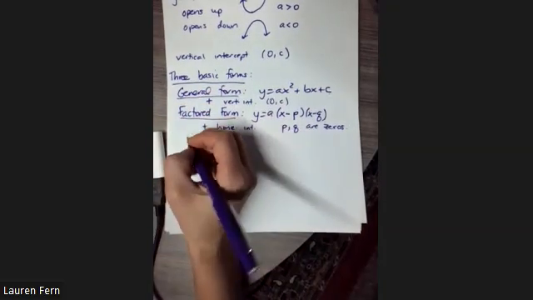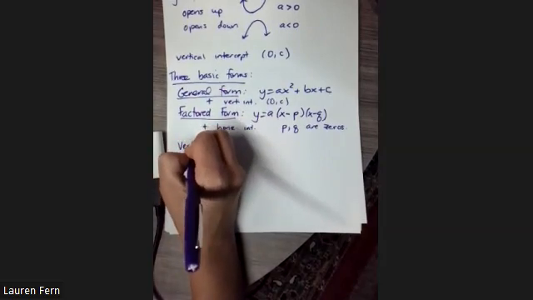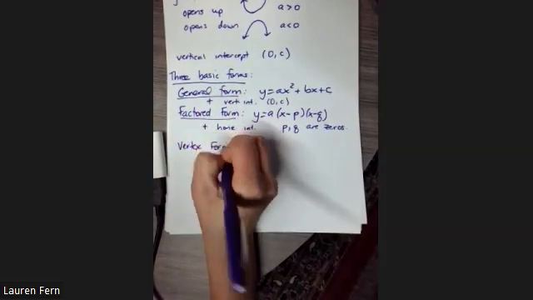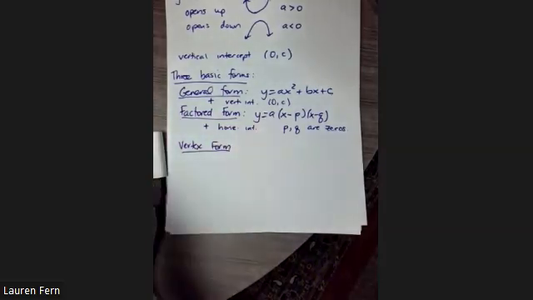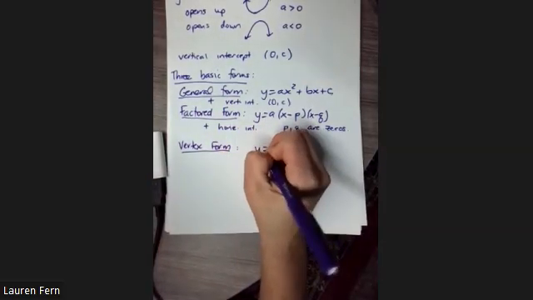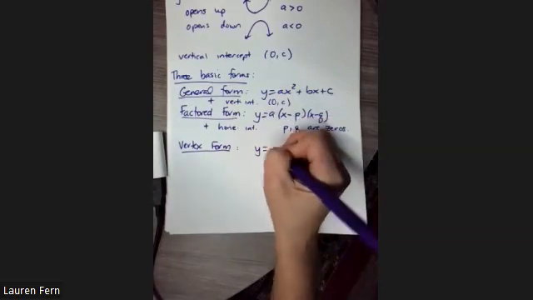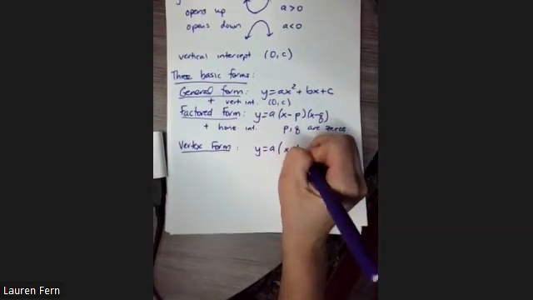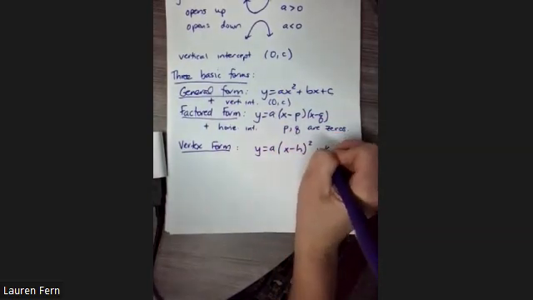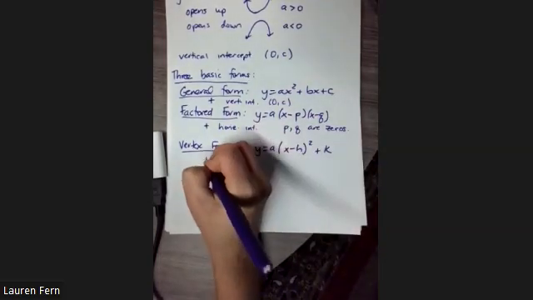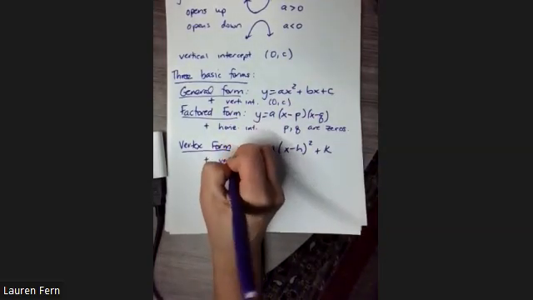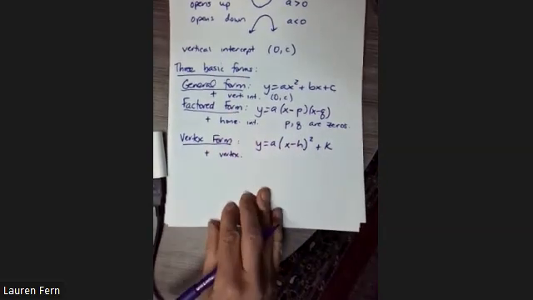A third form that we can have is what we call our vertex form. That's when we're able to get our quadratic written like this. And the positive thing here is you can read off your vertex.